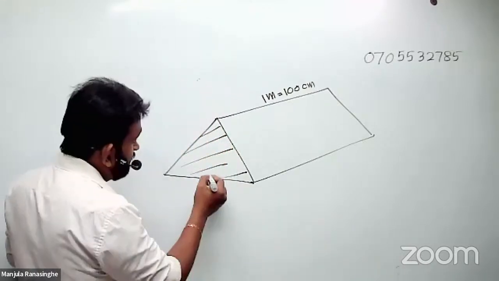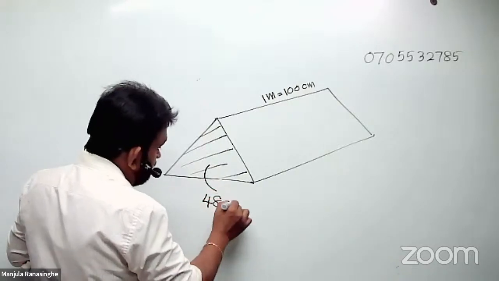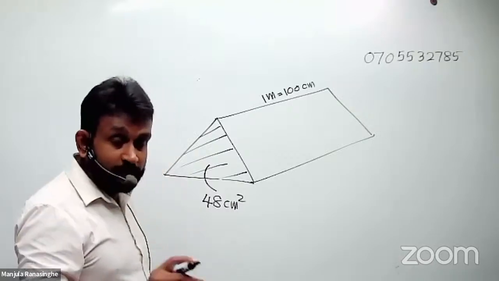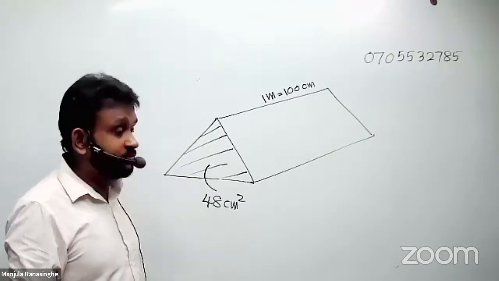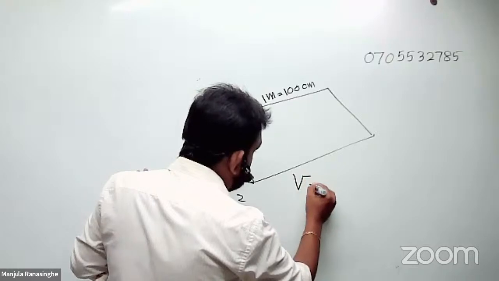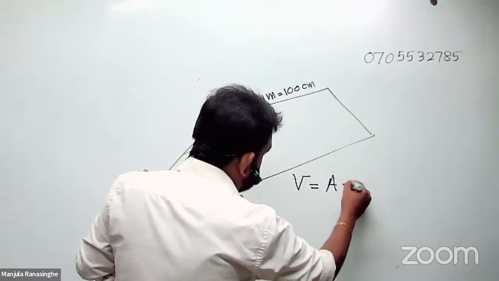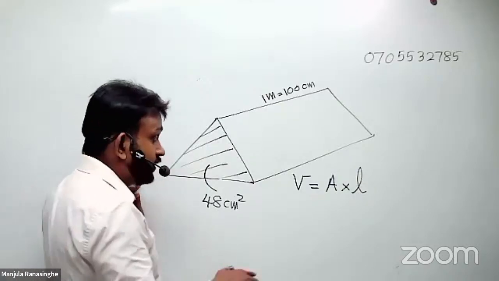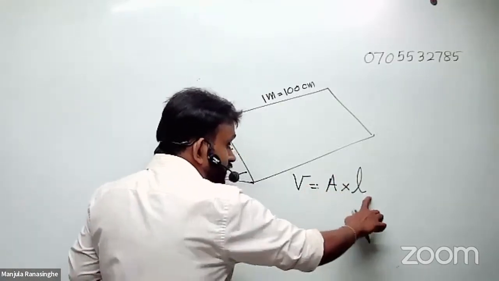Right. Then 48 square centimeters, that's the cross-sectional area. So we know that the volume of a solid having a uniform cross section is given by the formula: volume equals uniform cross section into the length. Volume equals the cross-sectional area into the length.